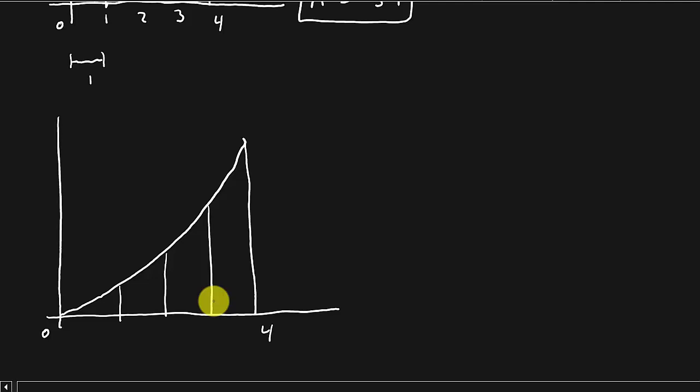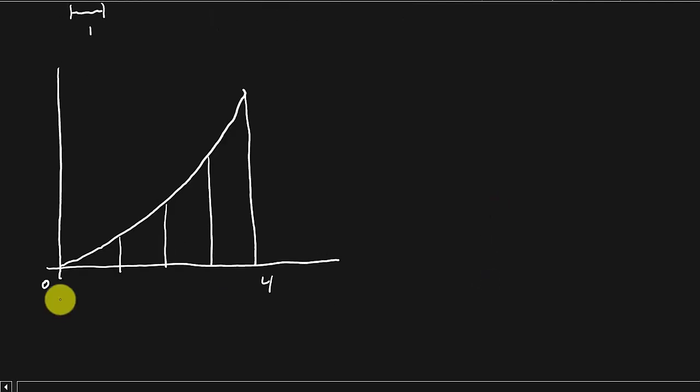And what we're using here is midpoints. But let's see, this is 1, 2, 3, and we know the width is 1. Okay, same as the other 2. But in this case, I'm using midpoints. So I'm going to come to the midpoint of the interval. See that? To draw my rectangles.